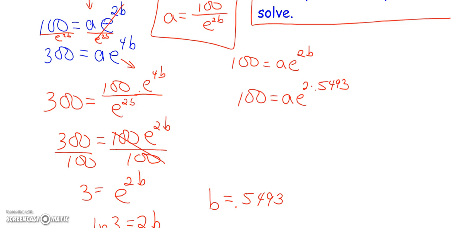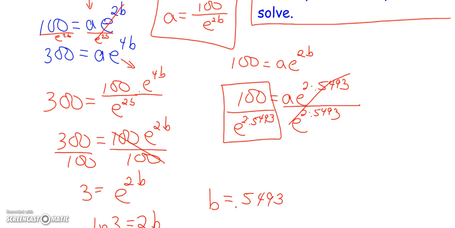So I just need to solve for a, and this is actually much easier. If I divide by e to the 2 times 0.5493, I'm just going to put all of this in the calculator.